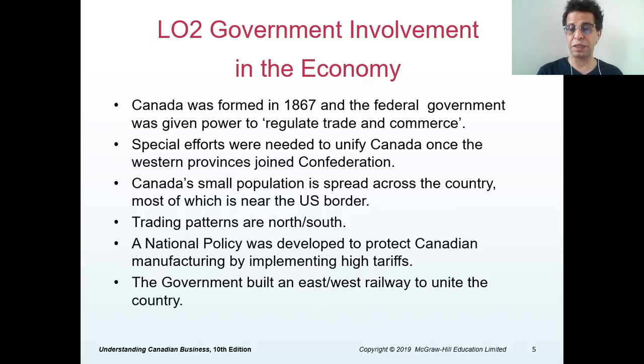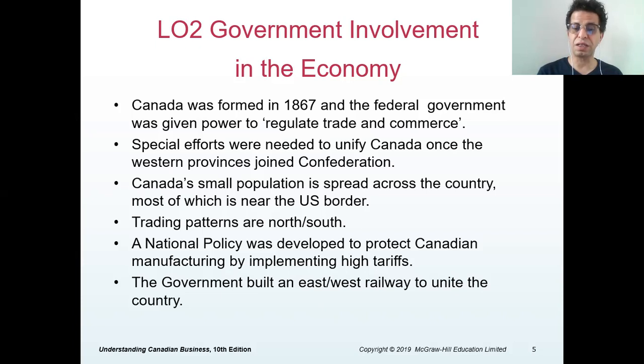Government involvement in the economy. Canada was formed in 1867, and the federal government was given the power to regulate trade and commerce. Special efforts were needed to unify Canada once the Western provinces joined the Confederation.